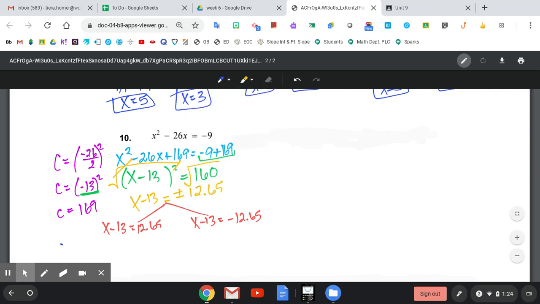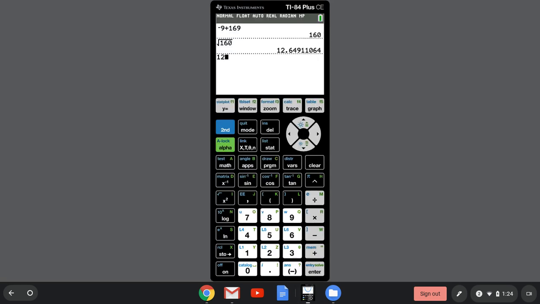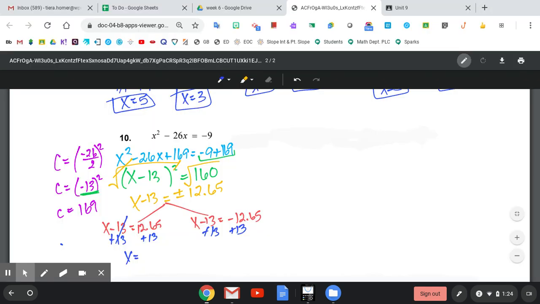Next, you should have added the 13 to both sides. So in this first equation, we should get x equals, now we're adding decimals and whole numbers. So again, use your calculator if you need to. 12.65 plus 13, 25.65.